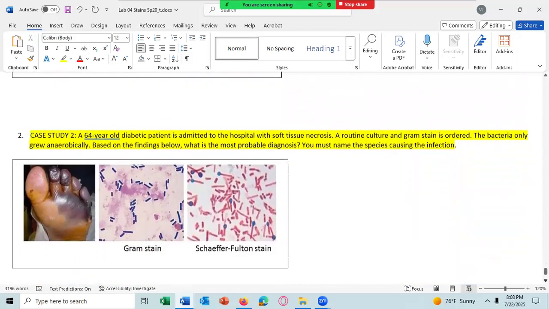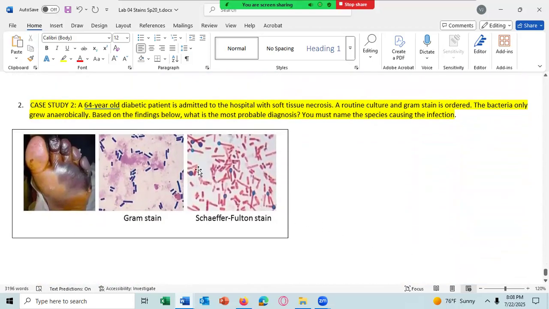For case study 2, we have a 64-year-old diabetic patient admitted to the hospital with soft tissue necrosis, shown right there. A routine culture and gram stain is ordered. The bacteria grew only anaerobically. Based on the findings below, what is the most probable diagnosis? You must name the species causing the infection.